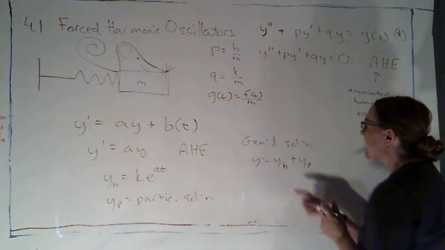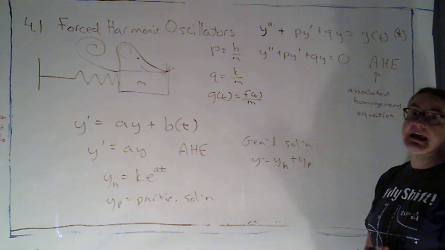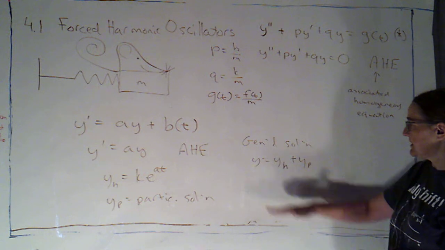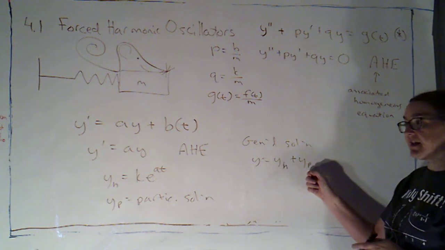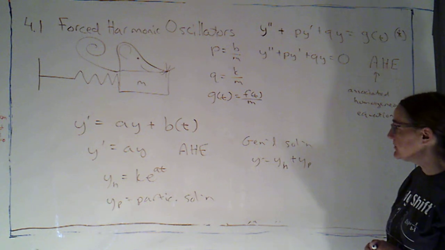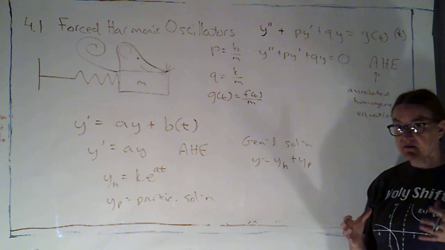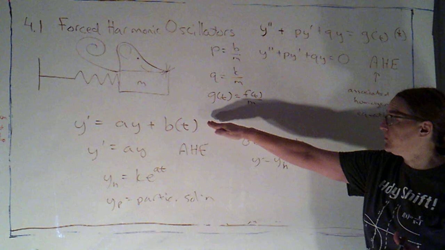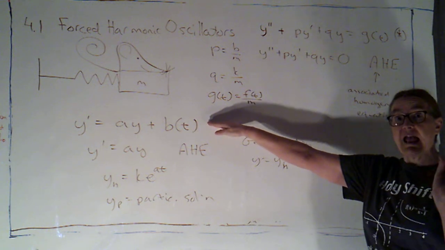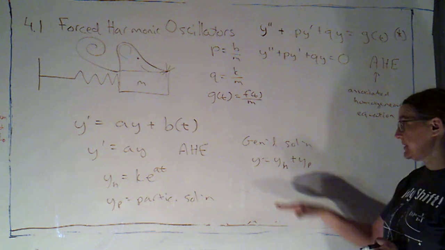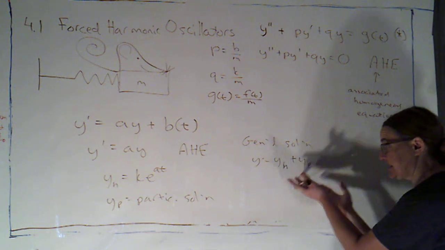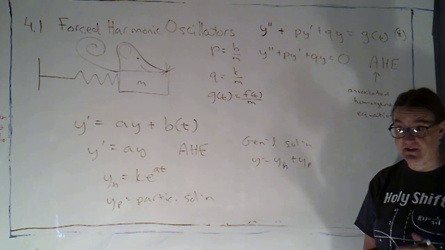That was by the extended linearity principle, which basically said if you have a solution to the associated homogeneous and a particular solution to the original differential equation, you add them together, you've got a solution to the original differential equation. And all solutions can be built that way, so that this is the general solution. This isn't just some of the solutions, it's all of them.